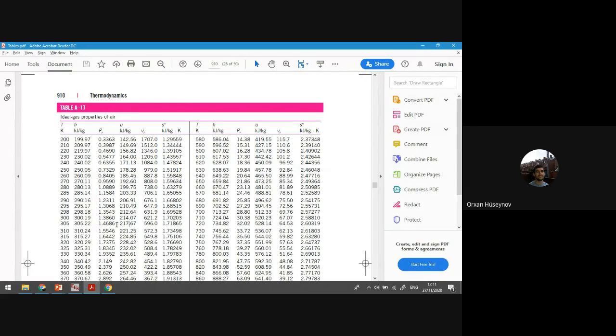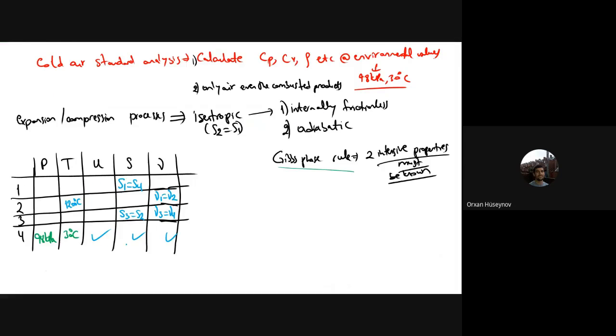If you look from 300 to 305, it goes one by one. It should be about 216.5 or 217 you can take. So for internal energy, 217. Okay, but these are approximate values. You should work with the interpolation to get the exact value.